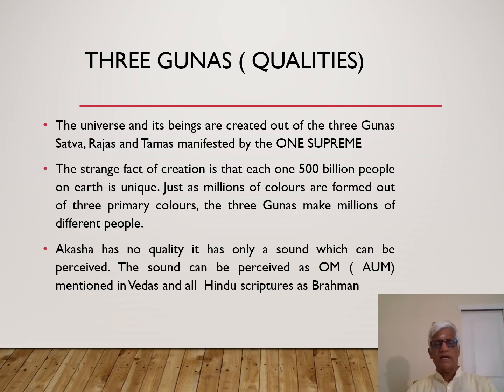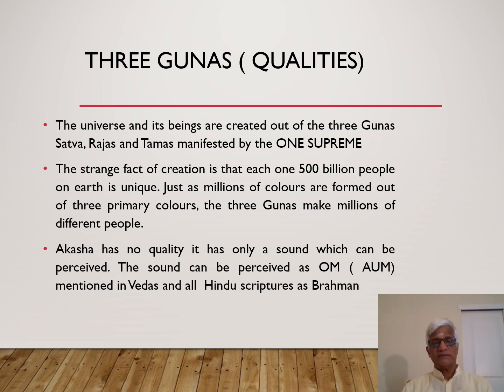That means sattva is a calm and serene state of the mind and the character. The character which is always tending to be active and energetic is called rajas. And the character which is lazy or wants to rest is called tamas.